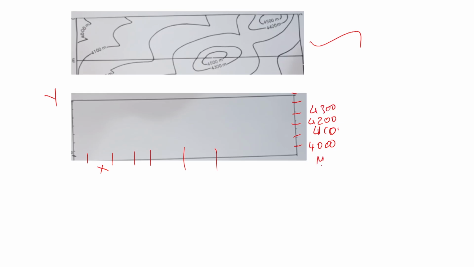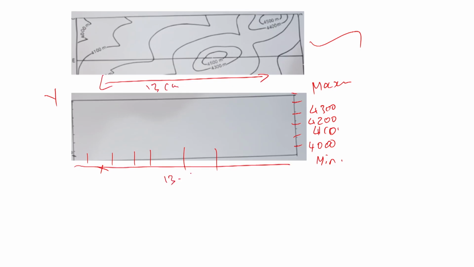Here is the minimum height, this is the maximum height. Okay, here, this area, how much is covered? For example, this area is 13 centimeters, meaning this also covers 13 centimeters, or this is 14 centimeters, meaning you draw with a scale of 14 centimeters.